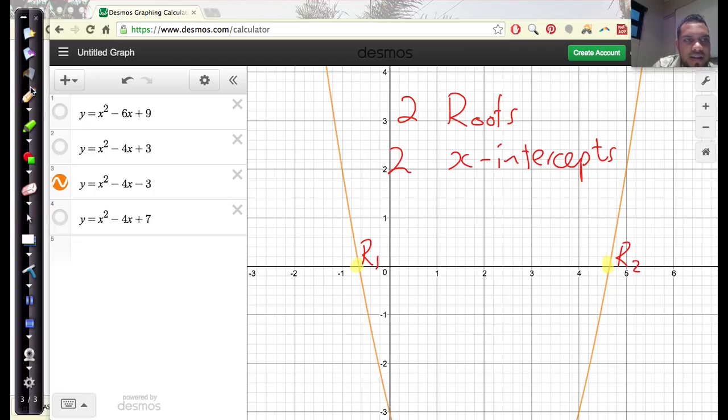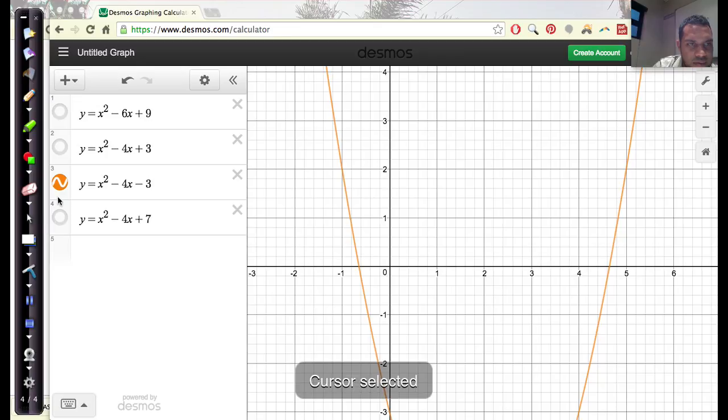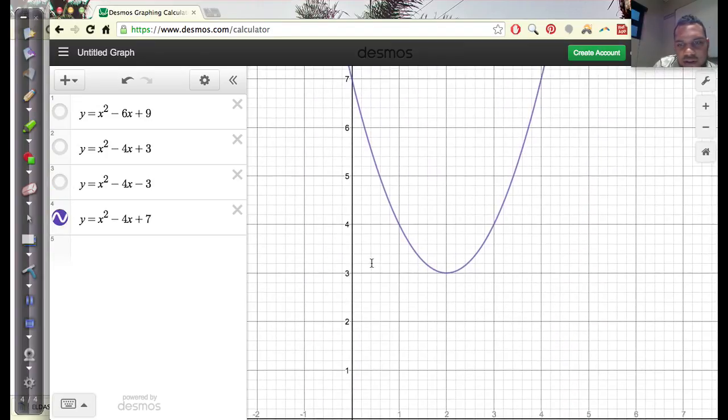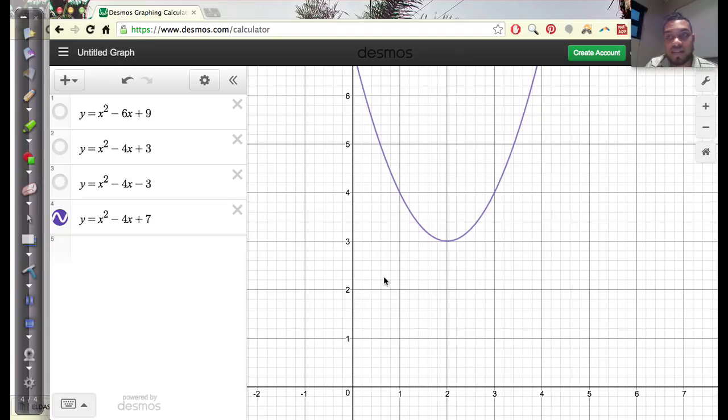And now let's look at the last one. Let's graph that curve and take this curve away. Now if you look at this curve, can you see where the x-axis occurs? The x-axis occurs here at the bottom, right? This line over here that we see here. But this curve lies above the x-axis.